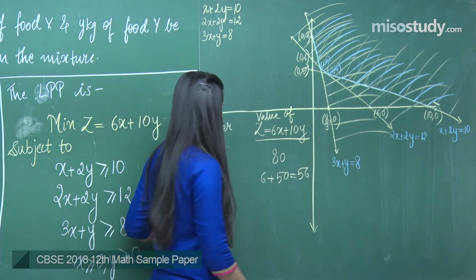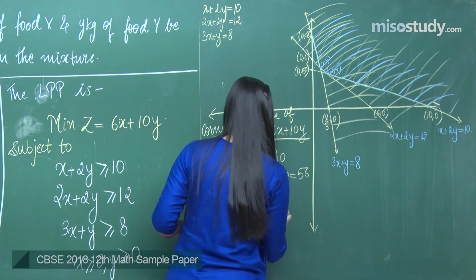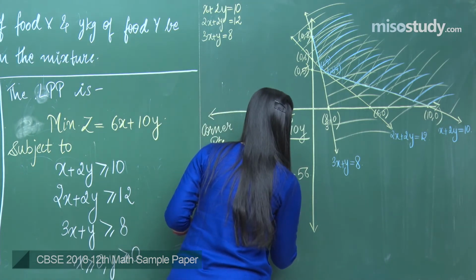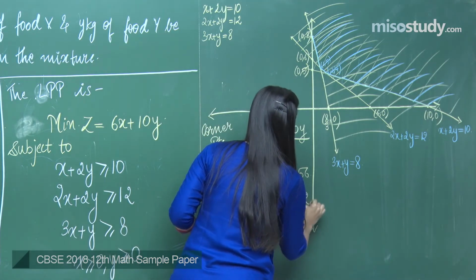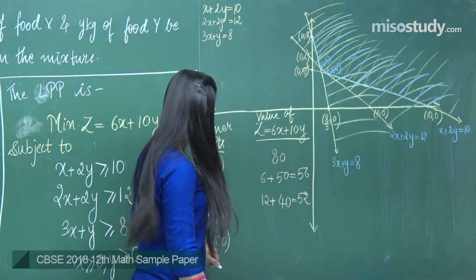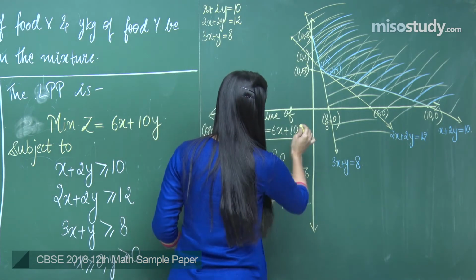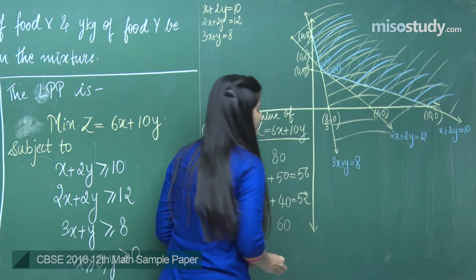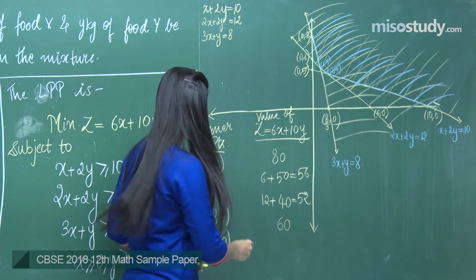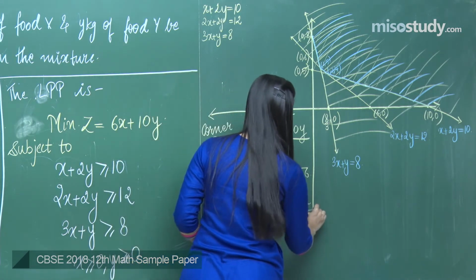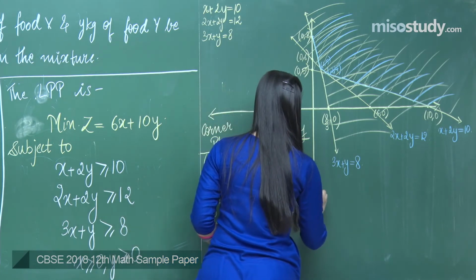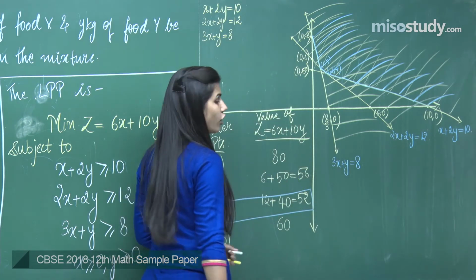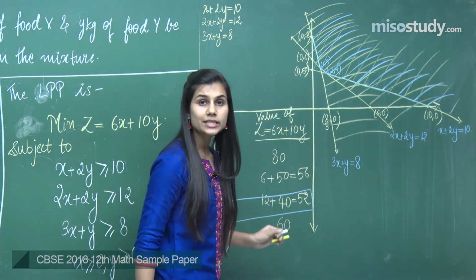Then you have 6 into 2, which is 12, plus 4 into 10, which is 40, which gives you 52. And then you have 6 into 10 plus 10 into 0, which is 60. And you can see that among all of them, 52 is the least cost.